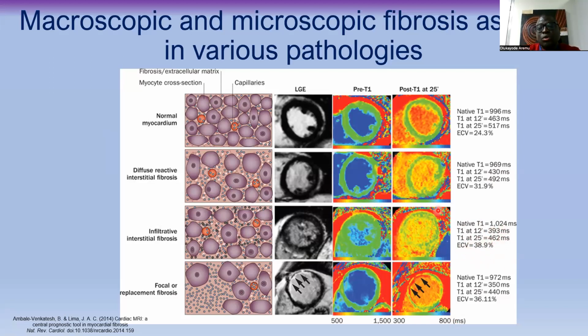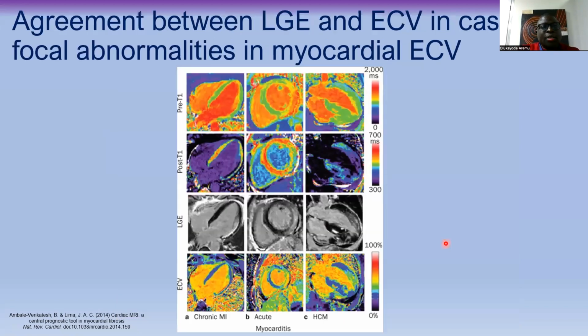And we just need to note here that the increase in native T1 values is subject to the field strength of MRI that you use. It is usually lower at 1.5 and a bit higher at 3, and it is also center specific. Okay, so there is also an agreement between LGE and ECV in cases of focal abnormalities in myocardial ECV.